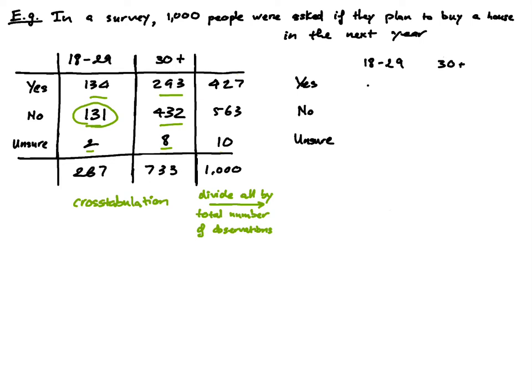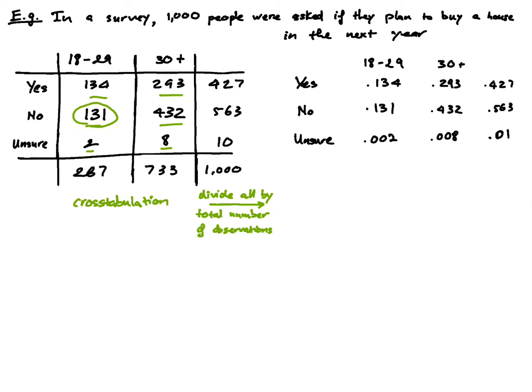So you end up with 0.134, 0.131 here, and then 0.002. Then you have 0.293, 0.432, and then 0.008. And then you have 0.427, 0.563, and then 0.01.